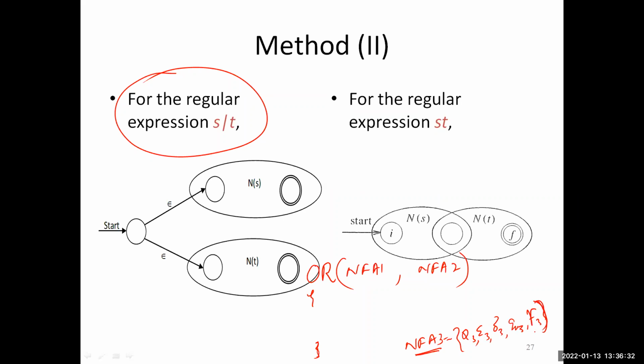Where NFA1 has components Q1, sigma 1, delta 1, Q01, and F1. And NFA2 has components Q2, sigma 2, delta 2, Q02, and F2. All distinct elements are being provided.